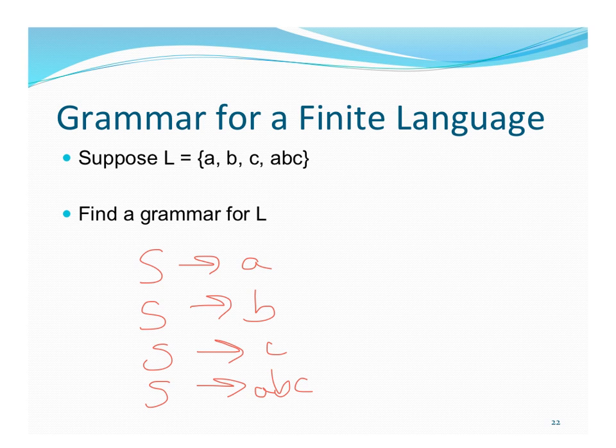I've only given you the production rules in the long form. Another way to write this in shorthand would be S goes to A, or B, or C, or ABC. But I hope that you see that if you have a finite language, it's trivial to write a grammar for it, right? Even if it's a finite language with 100 different strings, you could just have 100 of these production rules if you wanted to.